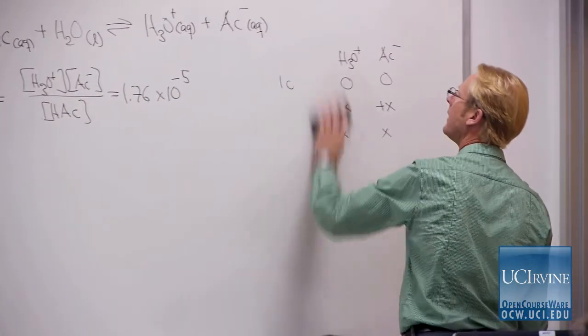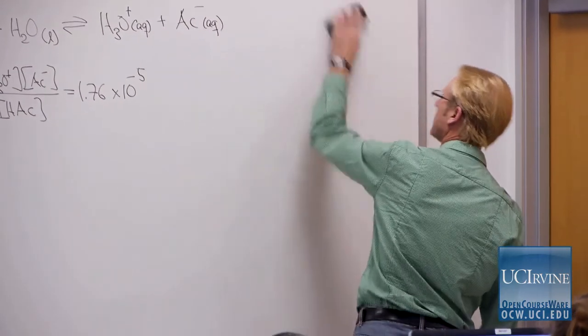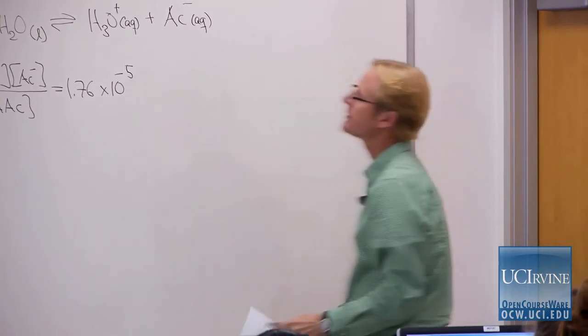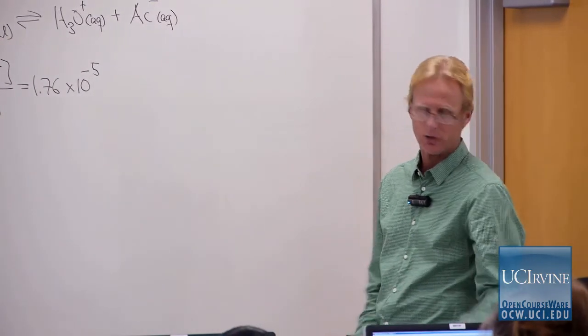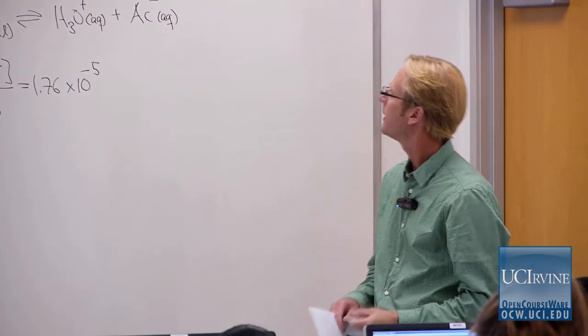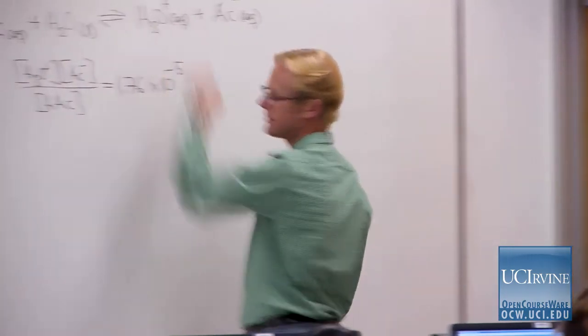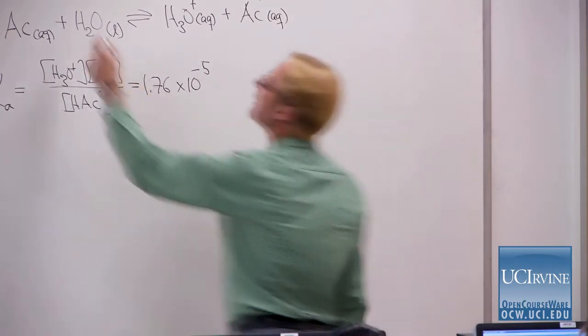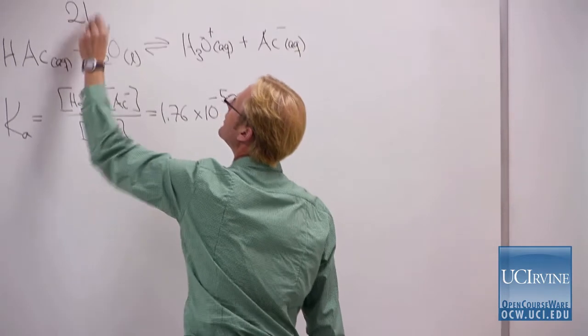Okay. Now, what do I mean by coupled equilibria? Well, what I mean is that now, if we want to include the water dissociation, in addition to this chemical equation, we have this one.